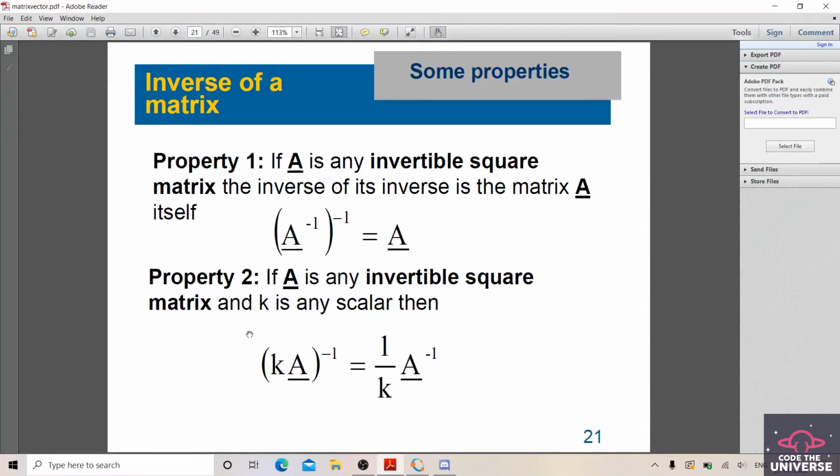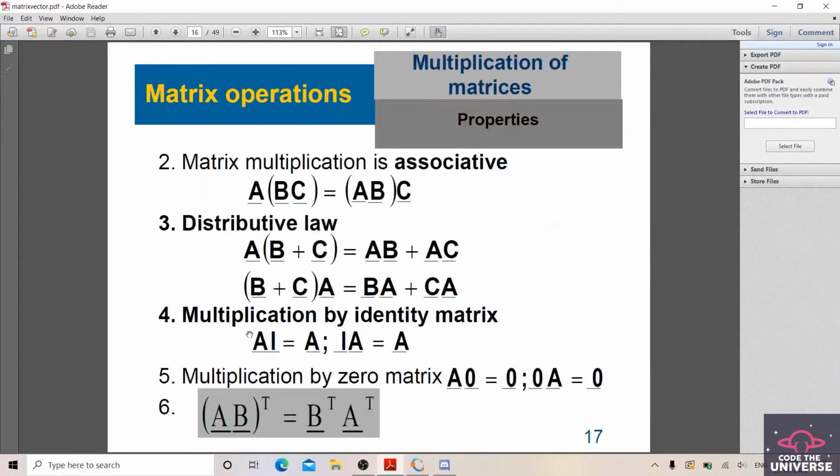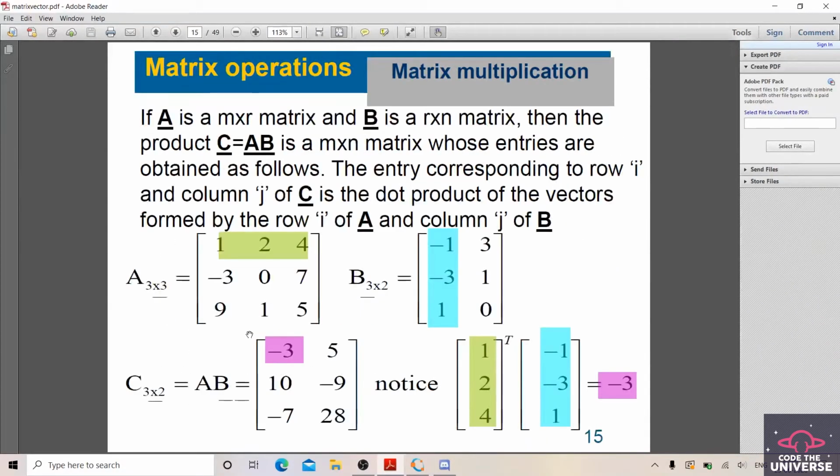At this point, I felt that many new learners, coming to linear algebra particularly, might have this confusion, especially since I've explained things in such a way that the inverse might just be element-wise turning everything into a reciprocal. Let's say I'm finding the inverse of this matrix here, 1 2 4 -3 0 7 9 1 5.